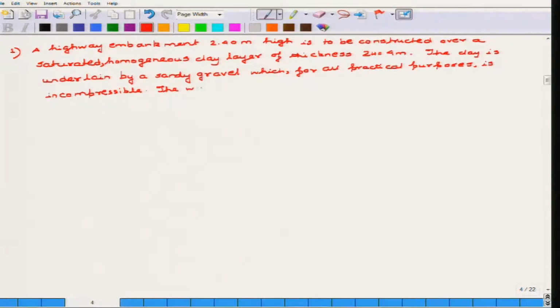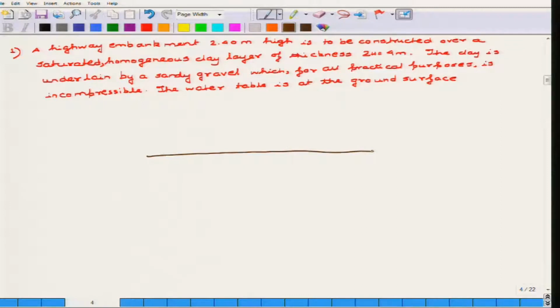The water table is at the ground surface. Now, let us construct this. Suppose this is the ground surface, the water table is here. This is the clay layer, which has a thickness of 2H equal to 4 meter.